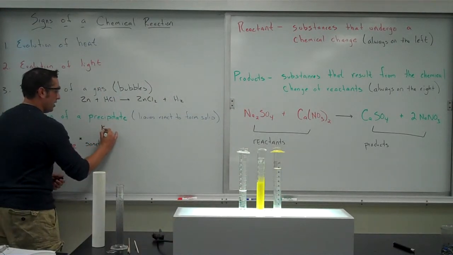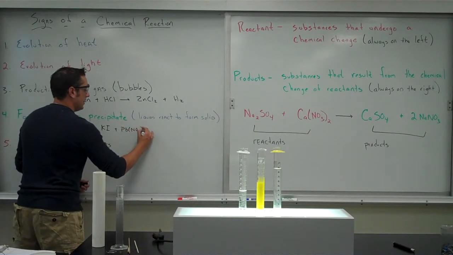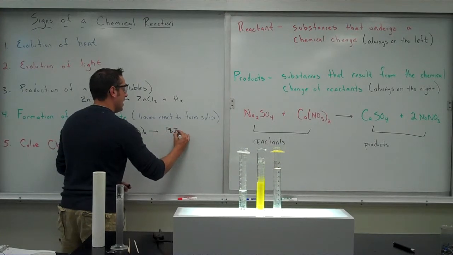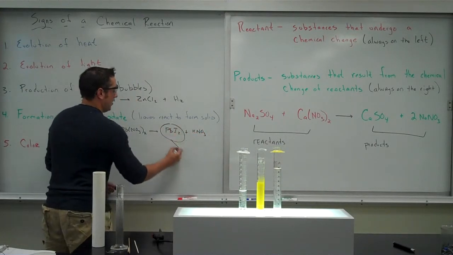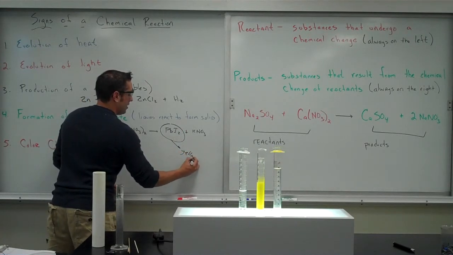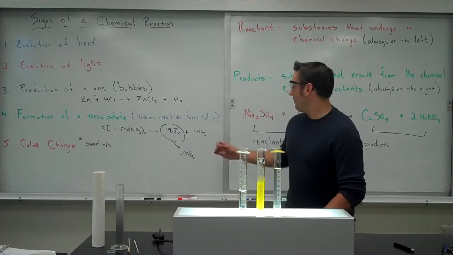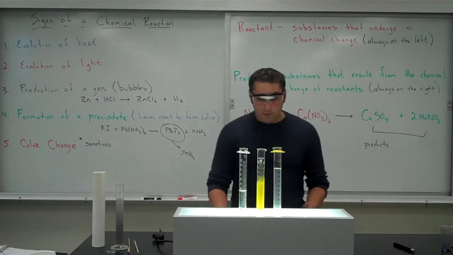I took potassium iodide and I reacted it with lead 2 nitrate, and what we get is lead 2 iodide and potassium nitrate. And the yellow substance that you're seeing is solid lead 2 iodide being formed.